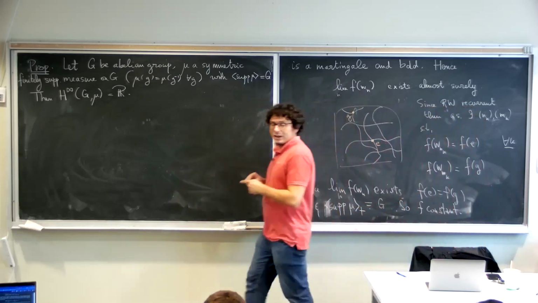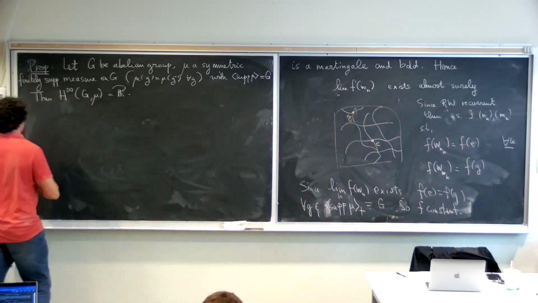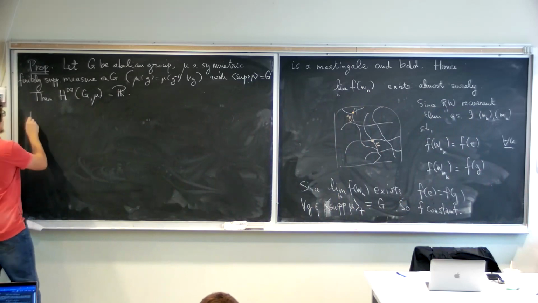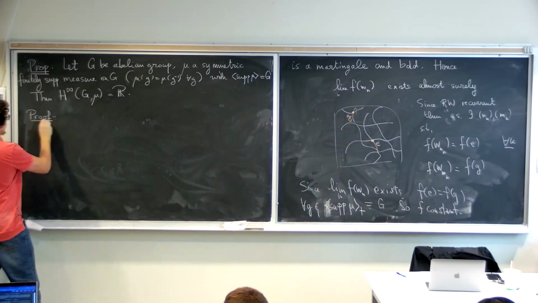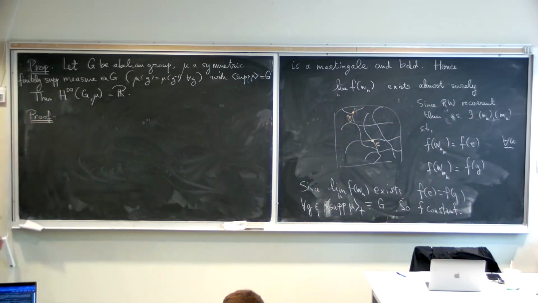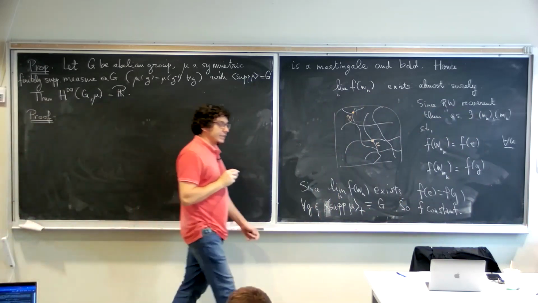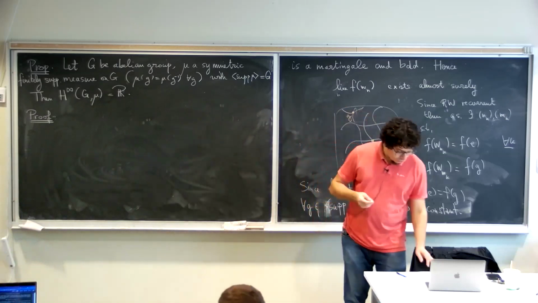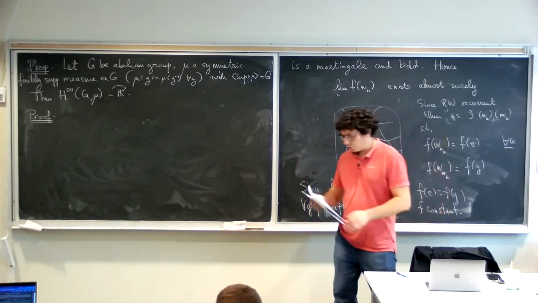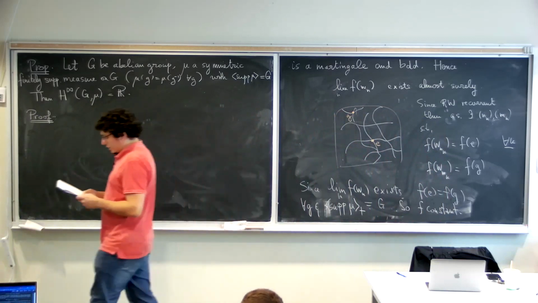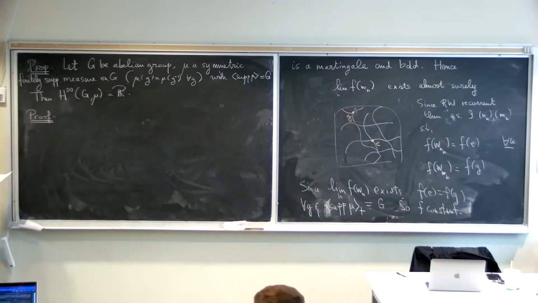Let's check. Okay, so what do we need here? Well, first of all, we need again just a little bit of functional analysis to say what is the shape of the space of harmonic functions.